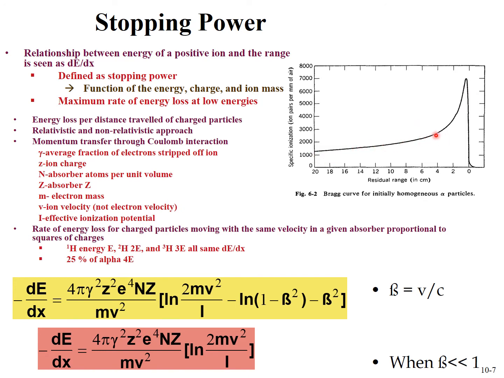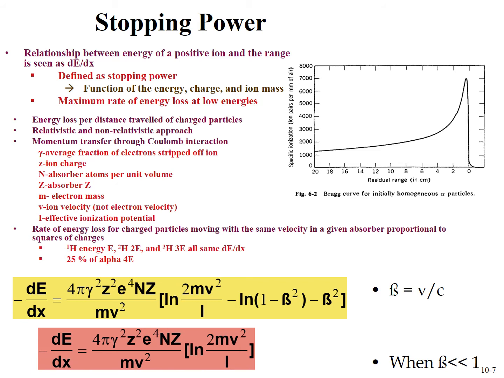This shows the number of specific ionizations as a function of depth or range in a material. You have a relatively small amount of ionization initially. It goes up and then peaks greatly right near this Bragg peak. And at a distance beyond that, the particles stop and no more ionizations occur. So this energy loss can be described for the distance traveled by a particle.